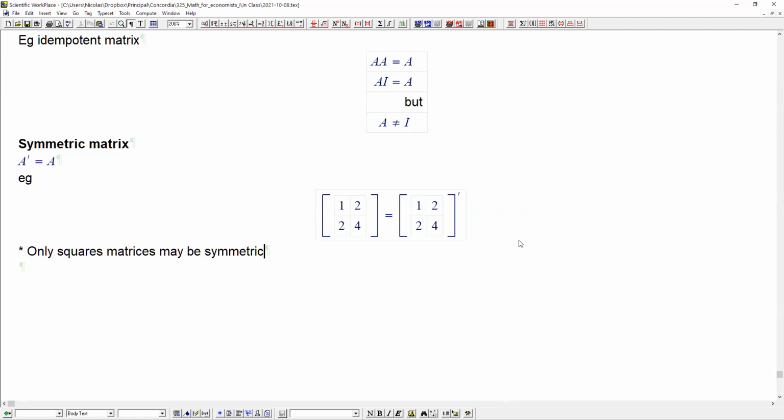And finally, a super important matrix. Any questions about symmetric matrices? All good? All right, last but not least, a very important matrix: the inverse matrix.